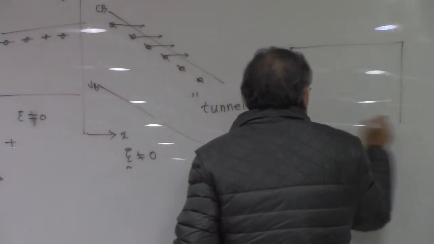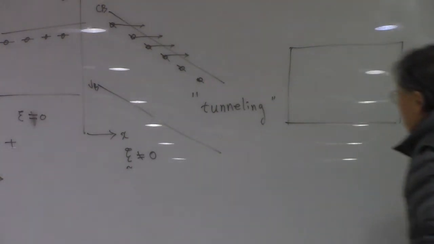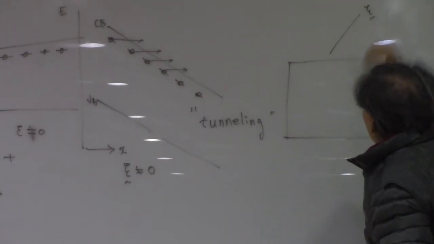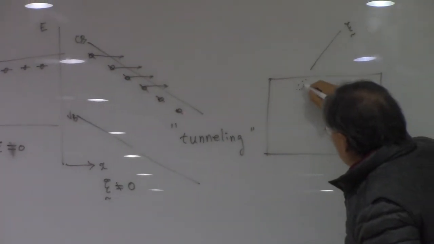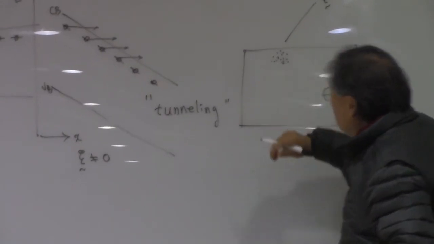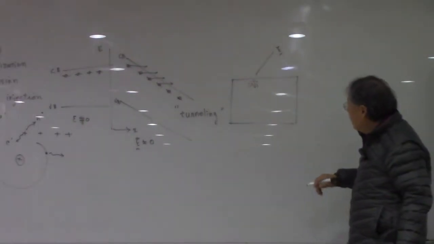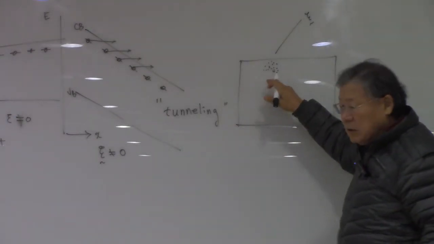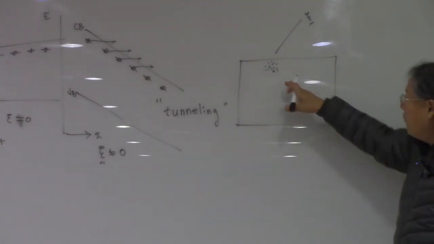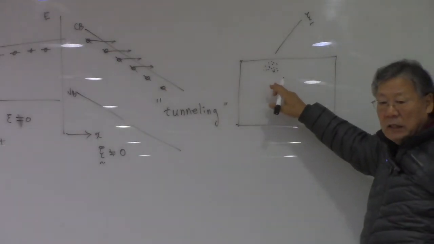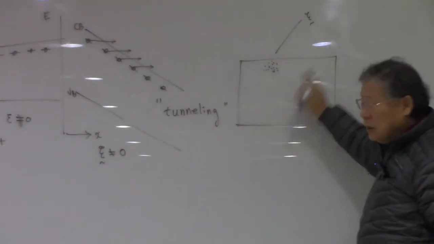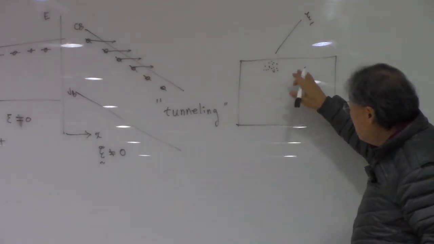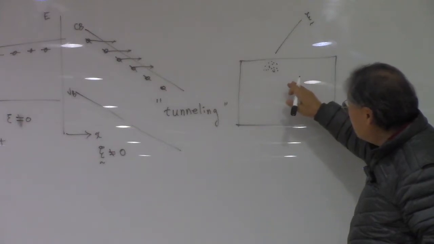Now, if you have a solid like this, and then with a probe or whatever, you apply a high electric field, then electrons are going to be injected locally into the solid. Now, if it is a metal, then the lifetime of this injected electron is very short, so that it will be dispersed in less than a second.